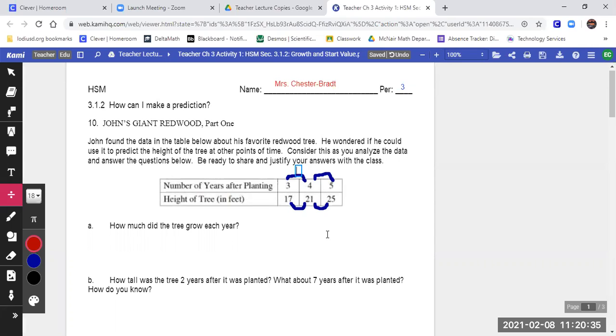So everybody should attach that new worksheet. I already said that. So I see that there's a change, right? I see a change. How much is the change in the year from 3 to 4? What's changing?